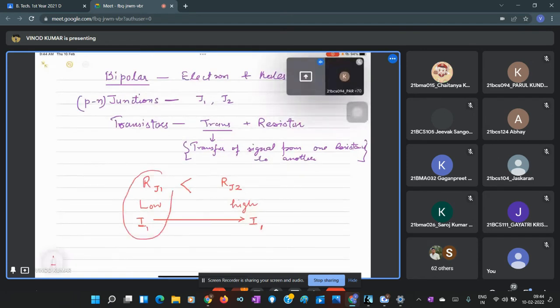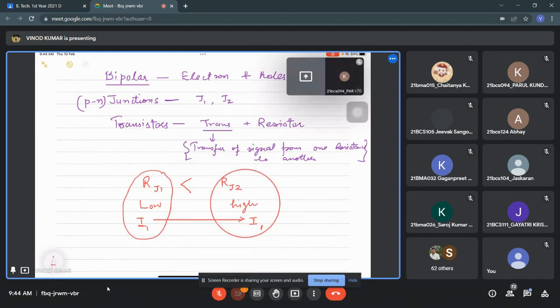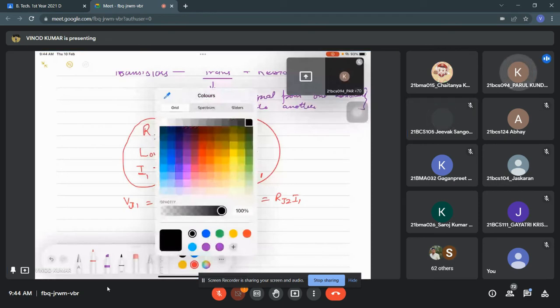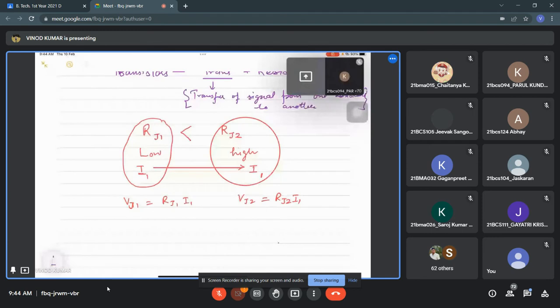So which voltage is large, this one or this one? Vj1 is equal to Rj1 I1, Vj2 is equal to Rj2 I1. Which one is larger? VJ2. So we are able to increase the voltage.